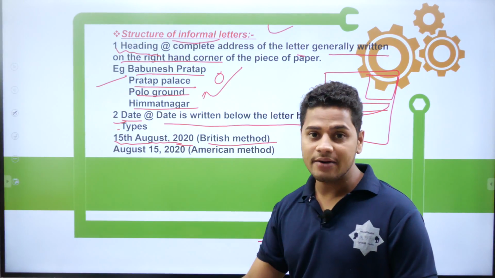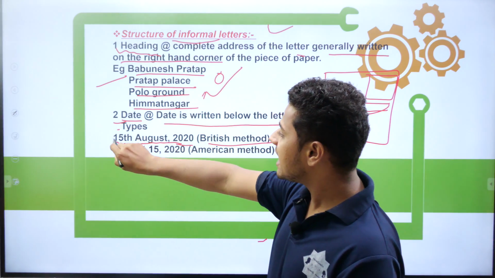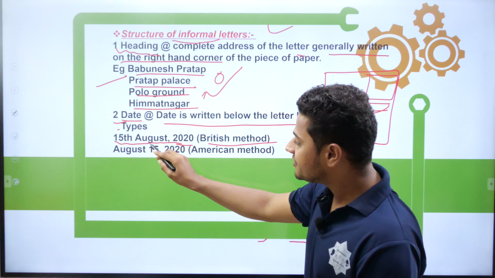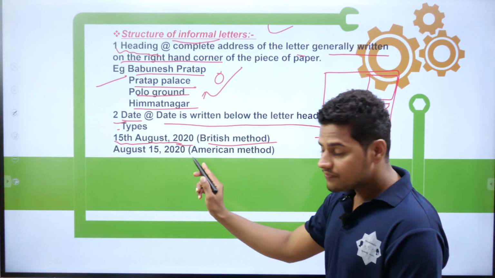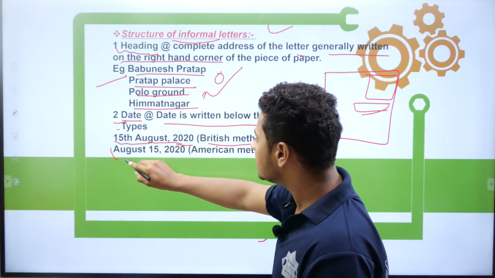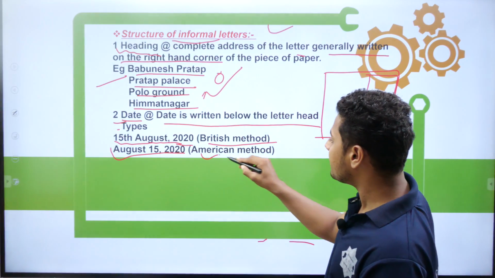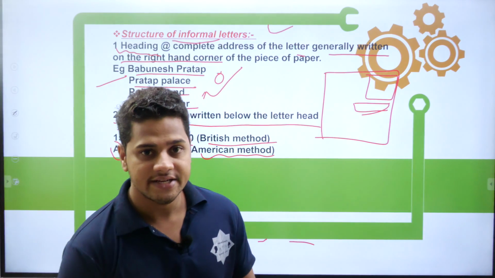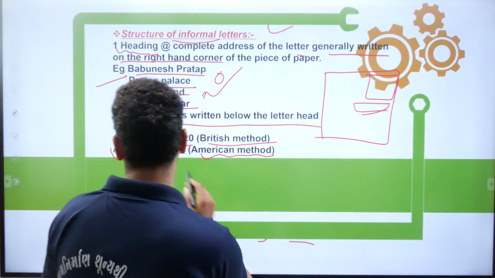First the date, then the month, then the year. Now you could see August 15, 2020, it is the American method. So these two methods you can use in letter writing. Now we'll see in another slide.